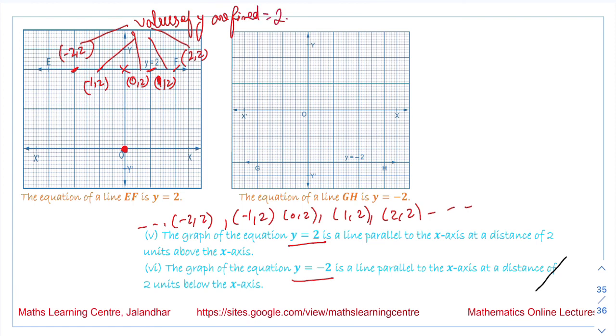So this line over here is the line parallel to the x-axis.